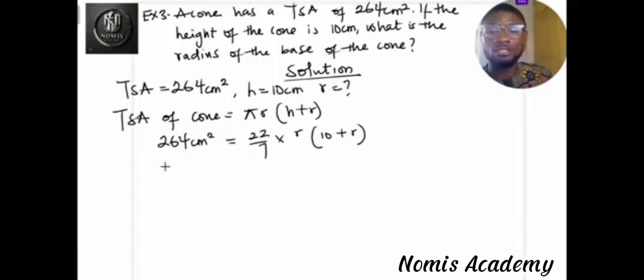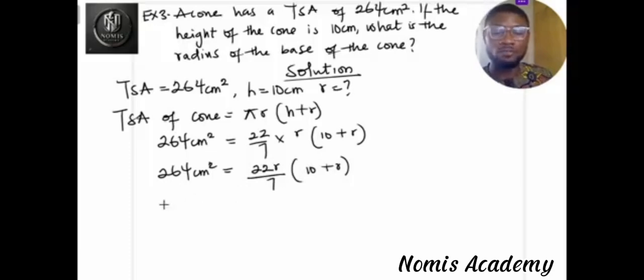So I can simply open the bracket. I can simply say 264 centimeters squared is equal to 22r all over 7 open bracket 10 plus r. So I can divide both sides by 22r over 7. So 264 centimeters squared over 1 divided by 22r over 7. So that will have removed this from here. So I will have equal to 10 plus r.